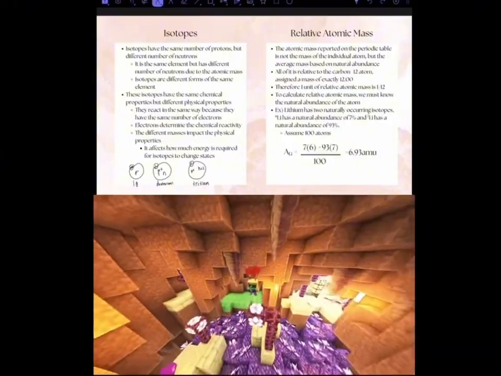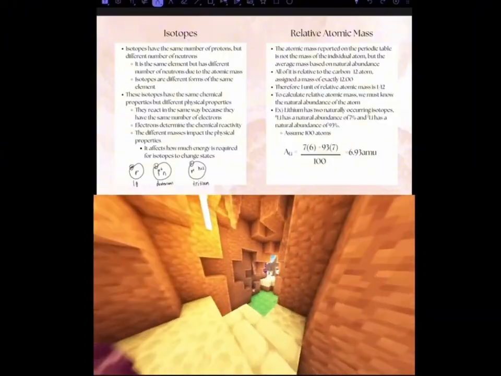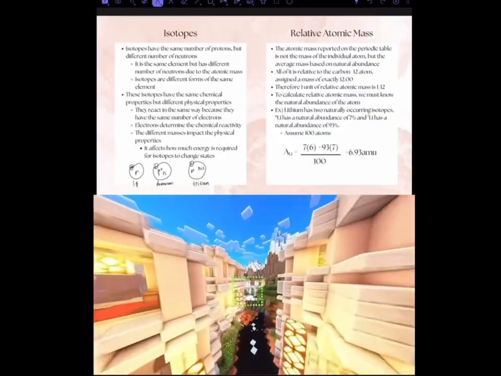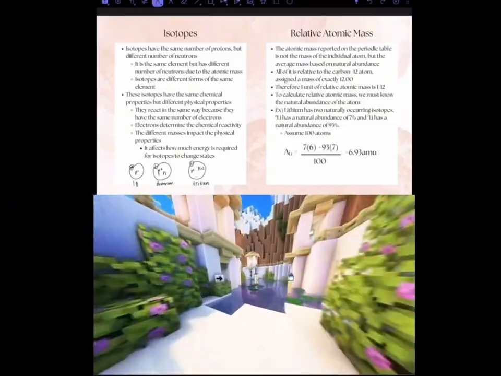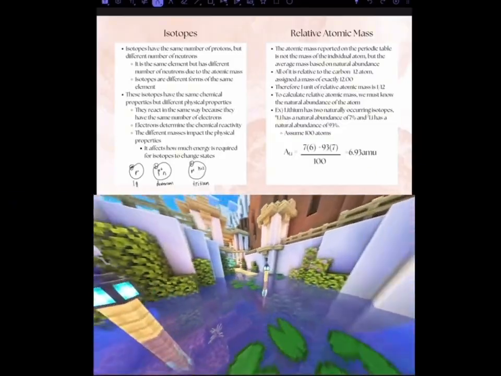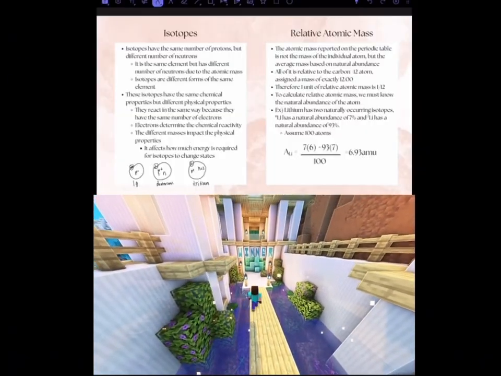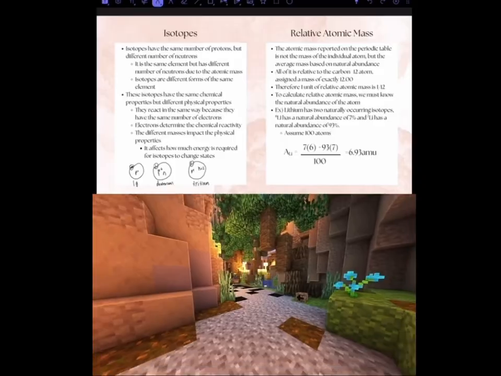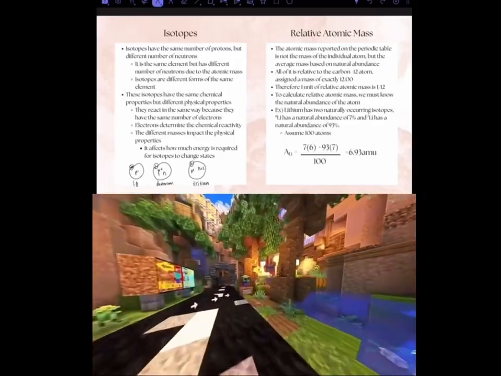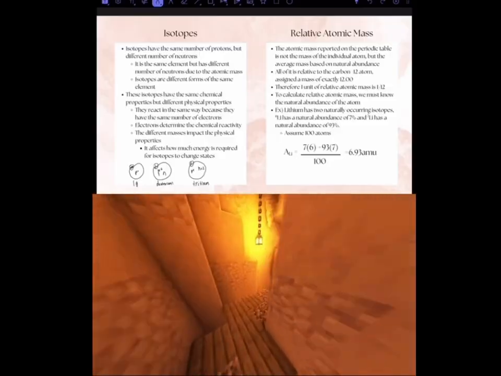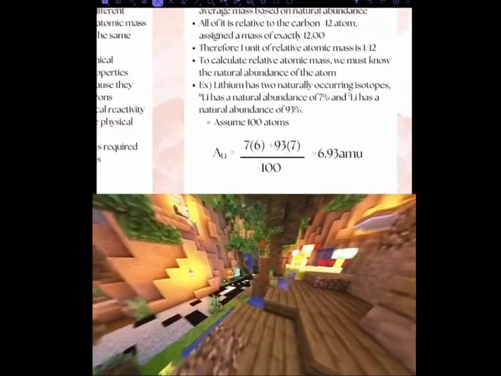All of it is relative to a carbon-12 atom, and when we say carbon-12, 12 corresponds to the number here. So basically, its mass is exactly 12 grams. Therefore, 1 unit of relative atomic mass is 1 over 12. To calculate relative atomic mass, we need to know the natural abundance of the isotopes.